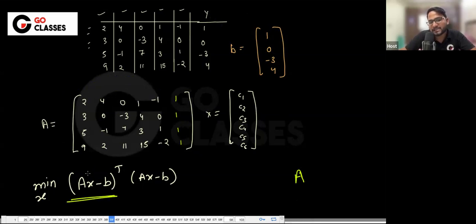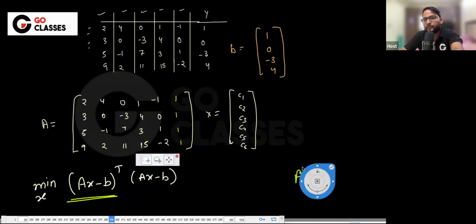I mean, this AX is a linear combination of columns of A. B is something which is given to us. Our aim is to get as close as to B. Okay, we want to find out this X such that AX is as close as possible to B, right?